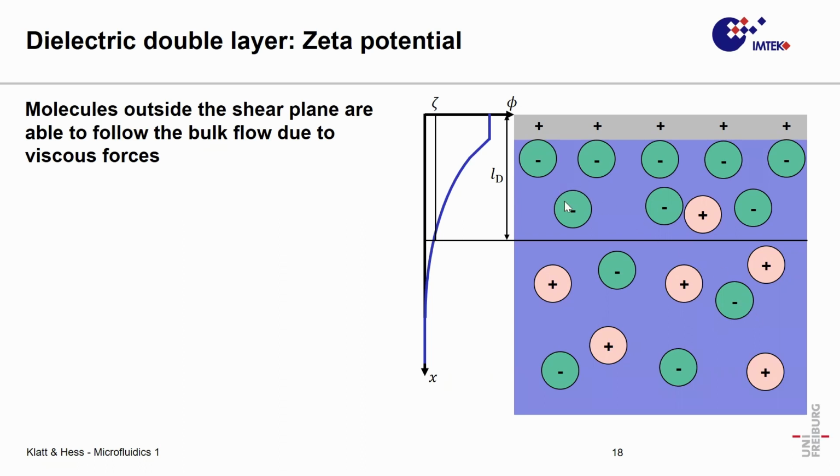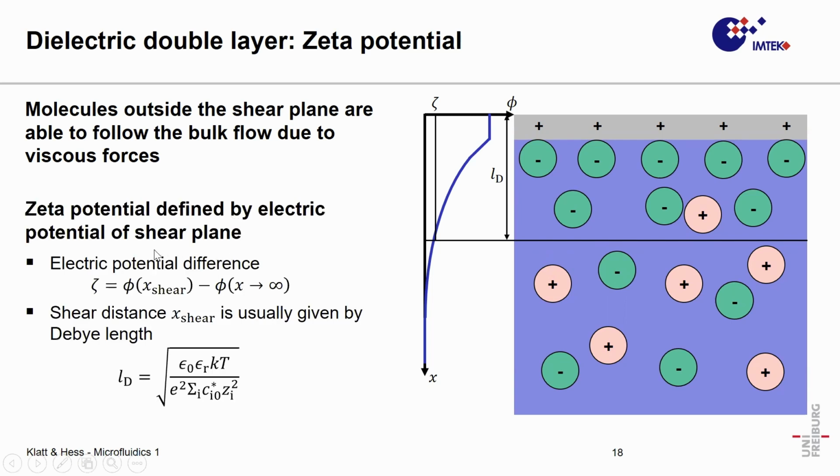However, if you are close to the wall, the attraction forces between the wall and the ions get stronger and stronger. At one point, this attraction is stronger than the friction. And usually we assume that this distance, where particles are dragged along with the liquid, is the Debye length that we just derived a few minutes ago.